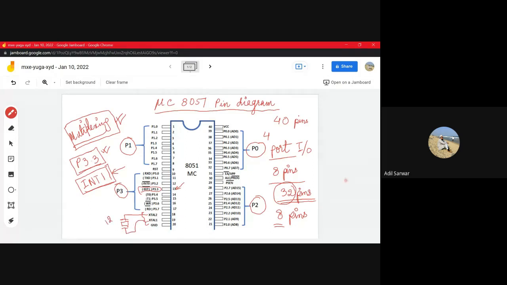It normally operates at 12 megahertz. That means the operating frequency in 8051 is 12 megahertz.